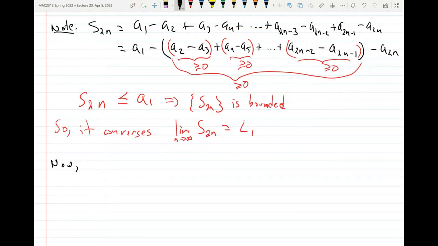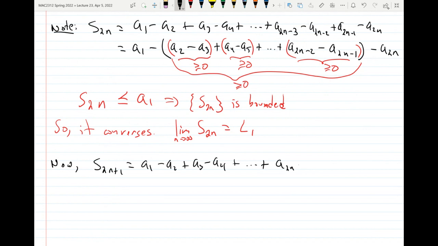Now, S2n plus 1, what is this? This is A1 minus A2 plus A3 minus A4, and we're going to end up with an odd guy. So keep going. What's the last pair?